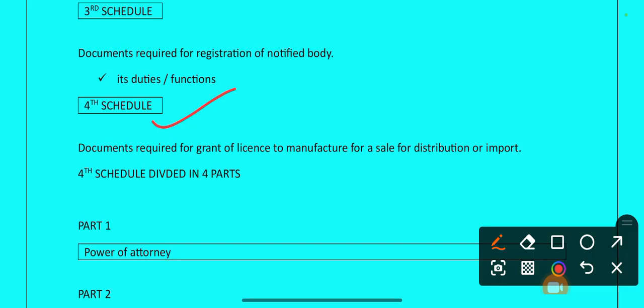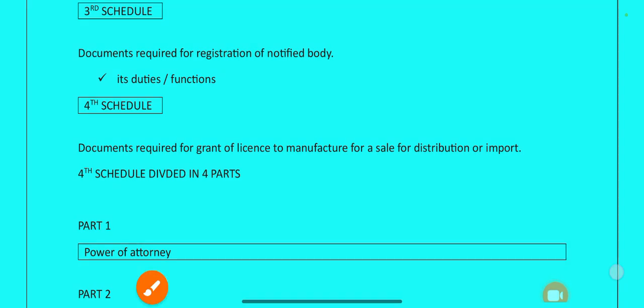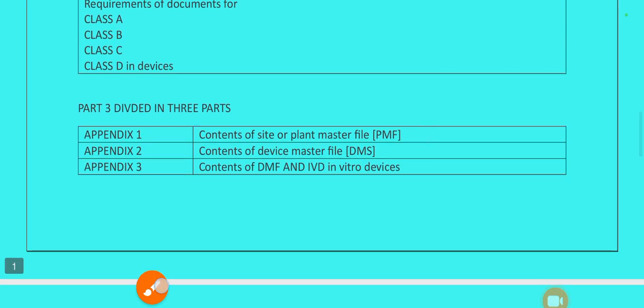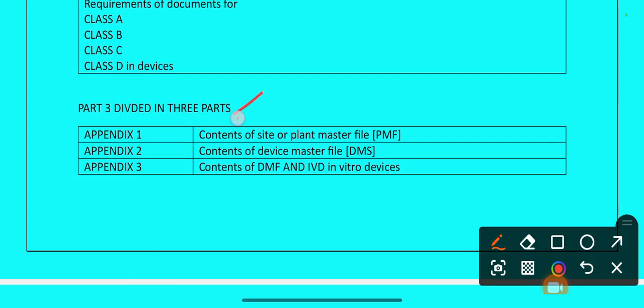The fourth schedule is divided into how many parts? 4 parts. Part 1 is the power of veterinary, and part 2 is the requirements of documents for class A, B, C, D devices. Part 3 is subdivided into 3 appendices: appendix 1 is the PMF, appendix 2 is the DMF, and appendix 3 is the DMF and IVD in vitro devices.